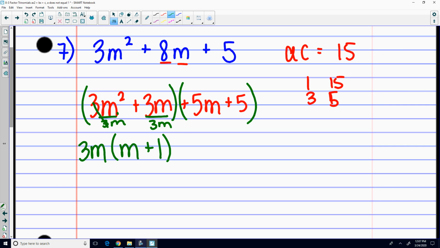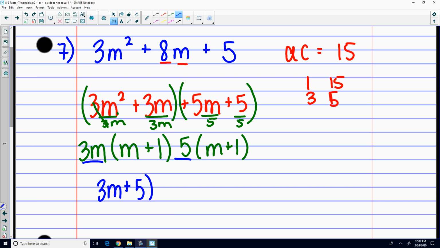So it looks like I can pull a 5 out of both of these, and that's a positive 5, so it'll be plus 5. And then go ahead and divide both by 5, and I, again, get m plus 1. All right, rewrite 3m, and it's positive, so 5, so I'm going to write plus 5. And then I'd have m plus 1.